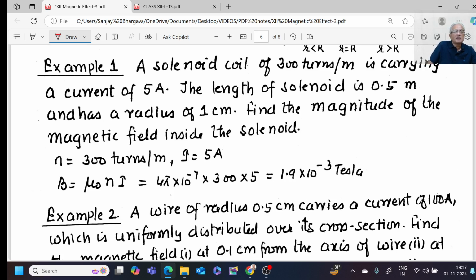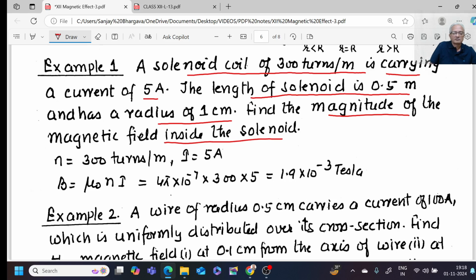Now let us try to understand with certain examples what we have learnt with the help of Ampere's law. Example 1. A solenoid coil of 300 turns per meter is carrying a current of 5 ampere. The length of the solenoid is 0.5 meter and has a radius of 1 centimeter. Find the magnitude of magnetic field inside the solenoid.